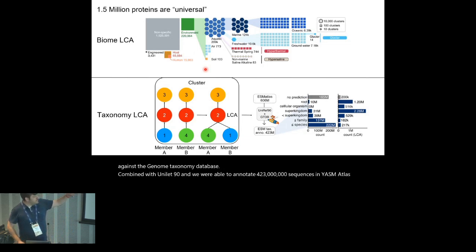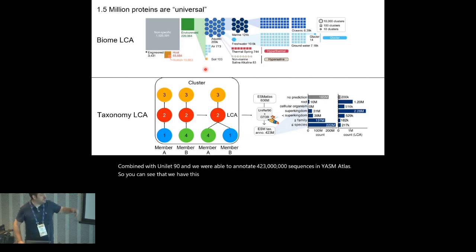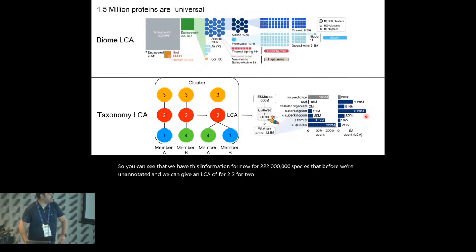So you can see that we have this information for 222 million species that before were unannotated. And we can give an LCA for 2.3 million sequences for clusters at the superkingdom level.